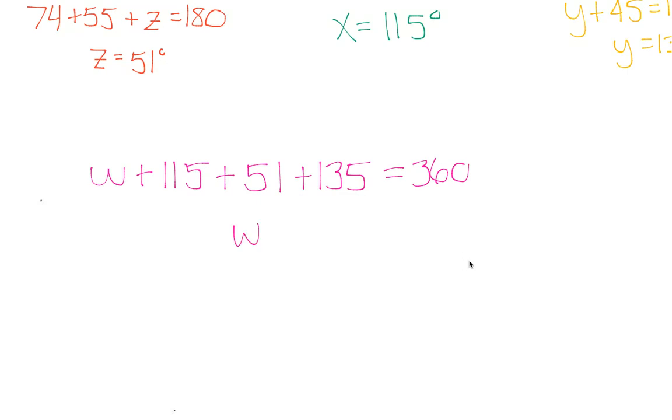That means W equals, you don't have to set it up that formally. Really what I'm doing is 360 minus 135. I'm taking away the 51. I'm taking away the 115, and that equals 59.